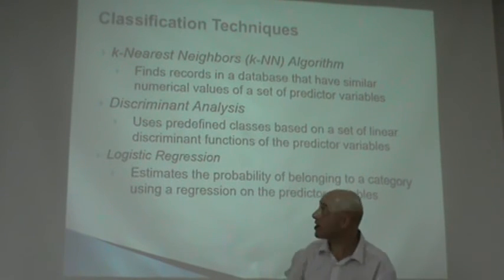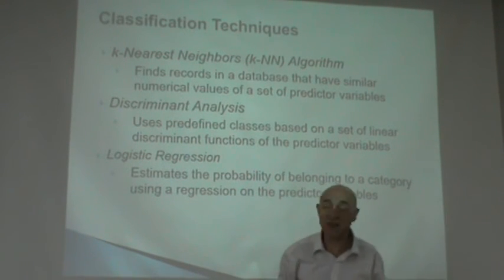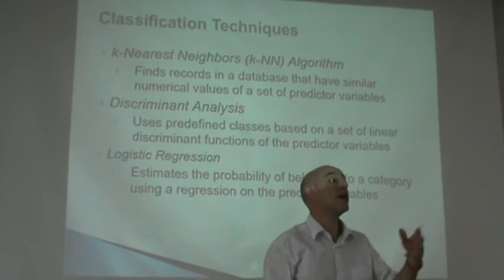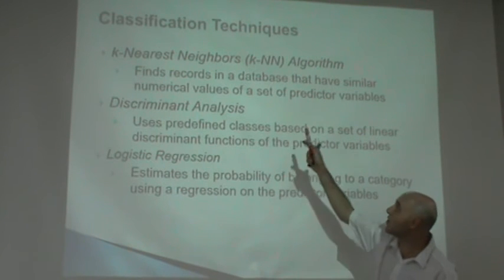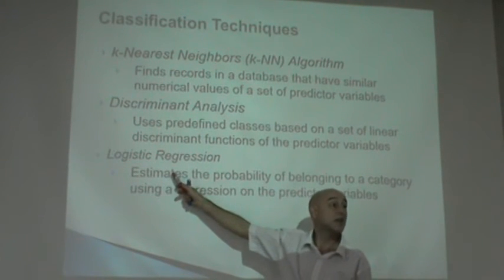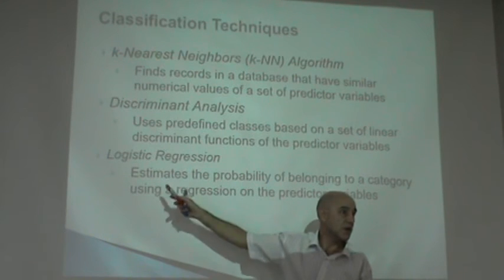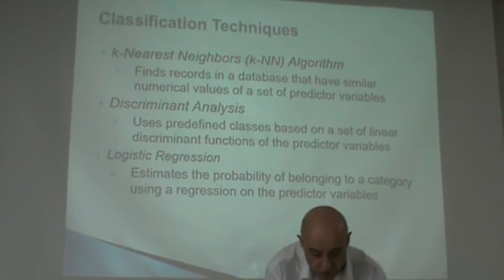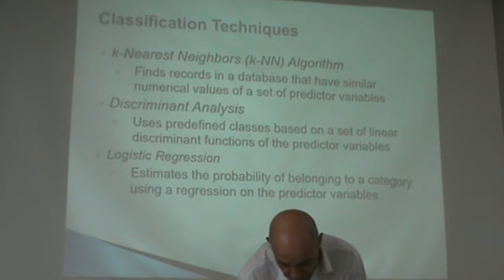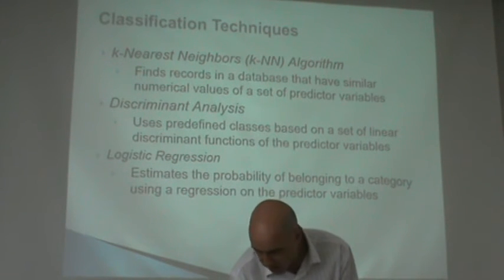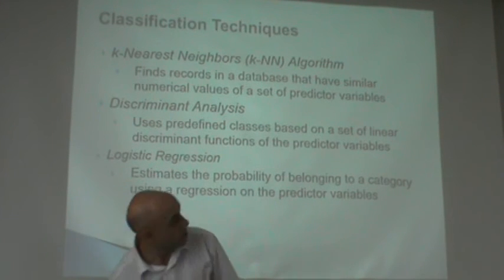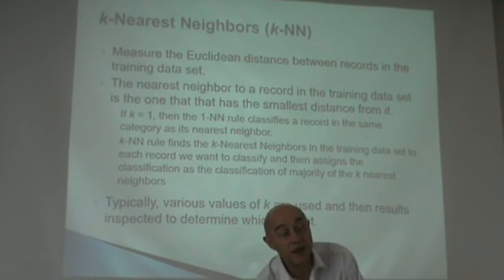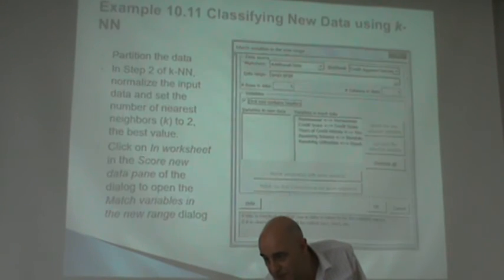Now, some software has discriminant analysis, some software has K nearest neighbors, but for you the good news is that we don't have the first two, we only have logistic regression, which means I'll go straight to logistic regression. For K nearest neighbors, they give you examples.